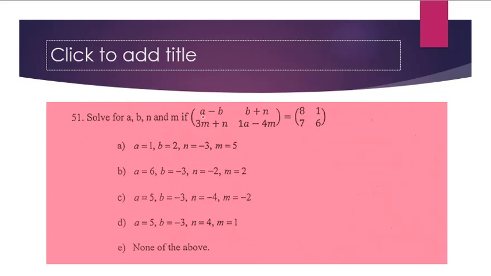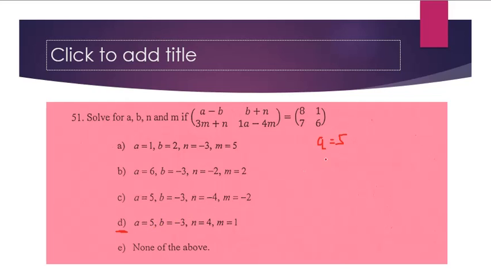So 5 minus 3 will give us positive 8. And let's check whether this will also be true. So b is minus 3, and n is 4. So minus 3 plus 4 gives us positive 1. So it means that we've already gotten an answer. Our answer is D. This is what I am trying to say, we are choosing D as our final answer.